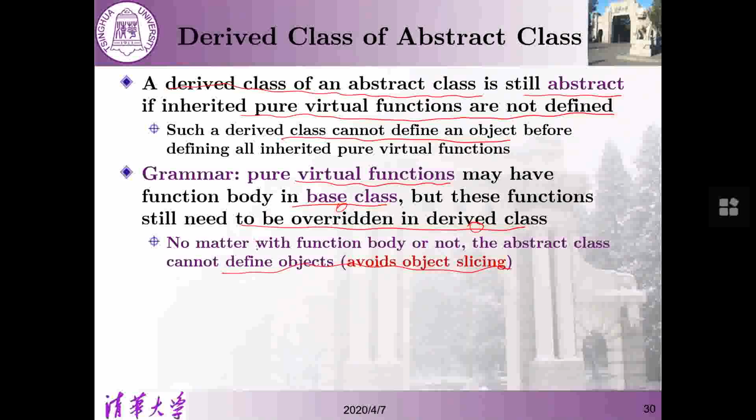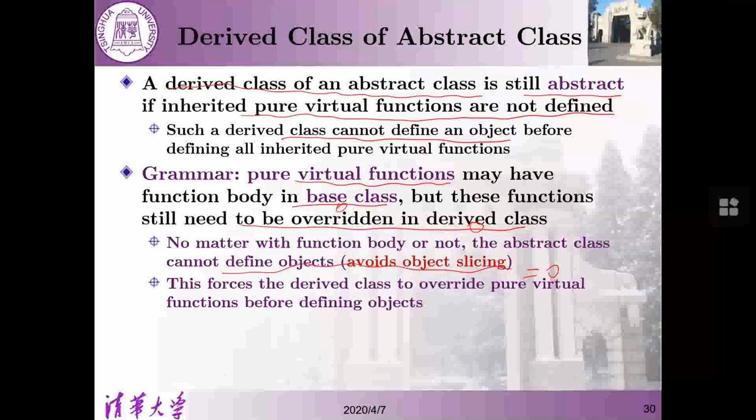In the header file, you still have this equal 0 declaration. Then in the source file, you can define the function body for this function. And this forces the derived class to override pure virtual functions before defining objects, right?